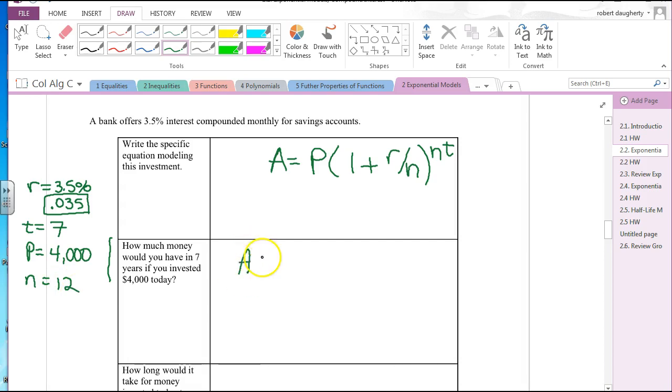So the amount is equal to the principal, $4,000, times 1 plus 0.035 over 12, all of that raised to the 12 times 7. This is where you should be thankful for a calculator that lets you input everything just like it's written.